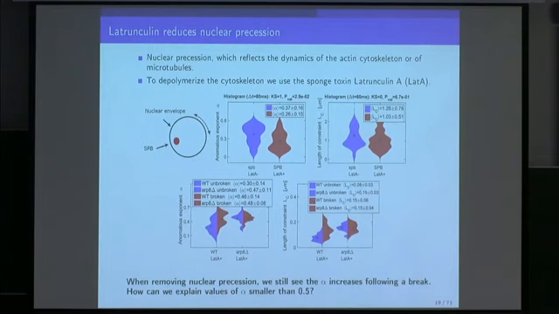Okay, so when we look at what happens to our chromatin locus when we use latrunculin, you want to compare what is going on here, and you see that the values of the anomalous exponent dropped considerably.